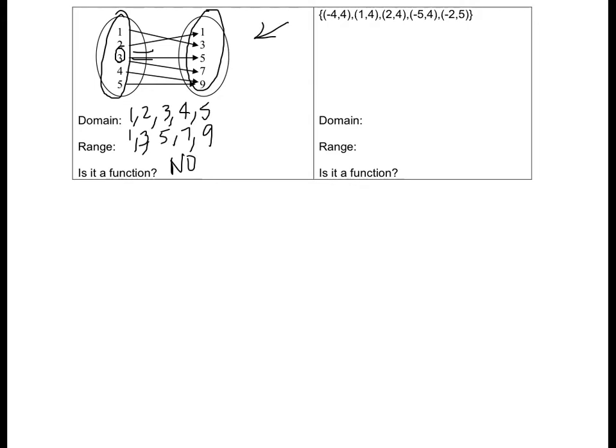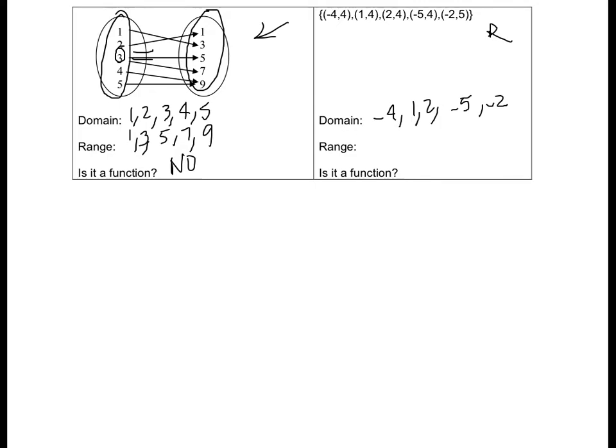The next one, again, the domain, we have to indicate the x values. The x values are -4, 1, 2, -5, and -2. Again, the order is not important, just include all the x values.